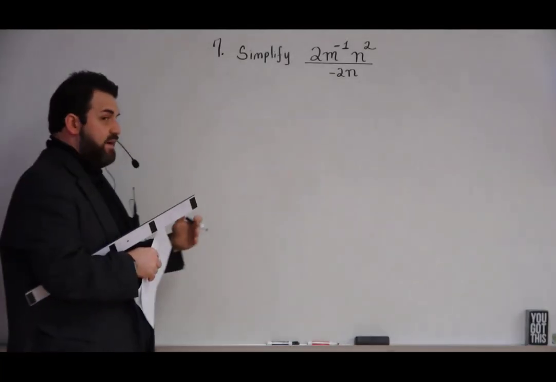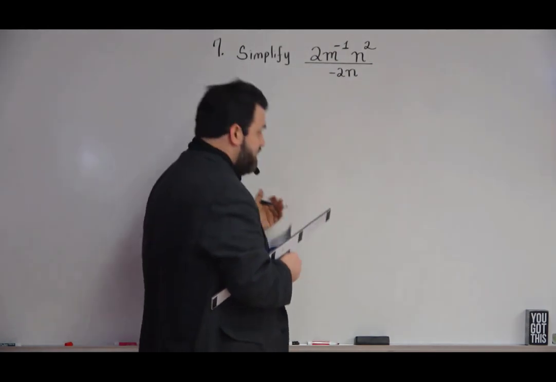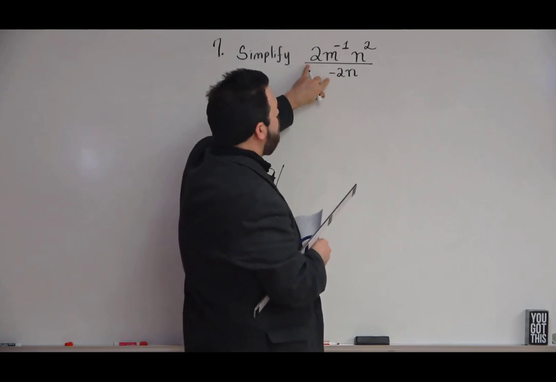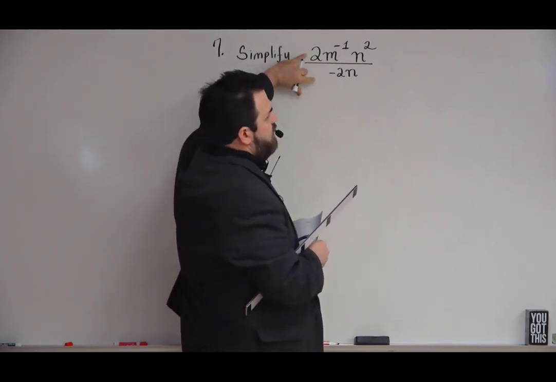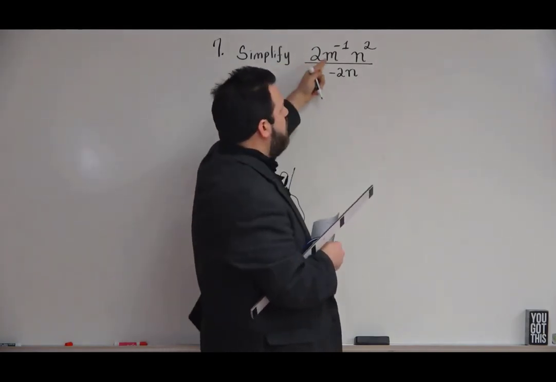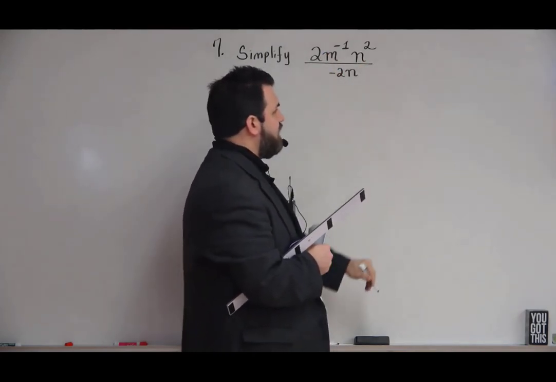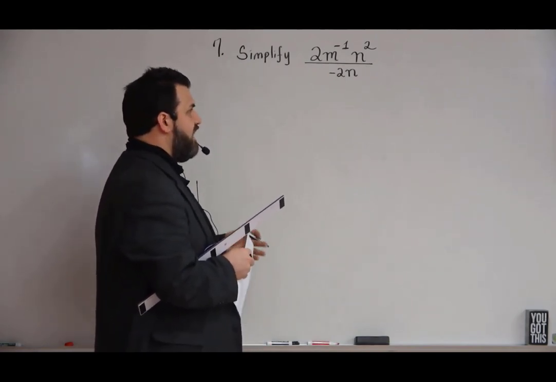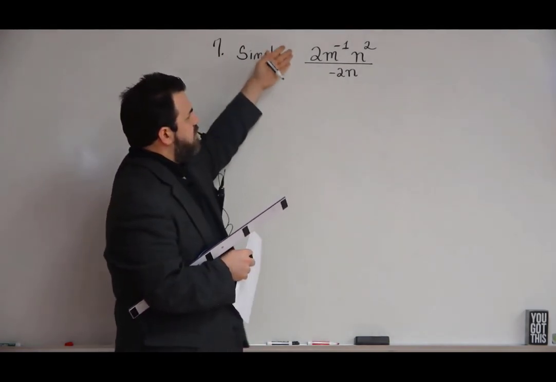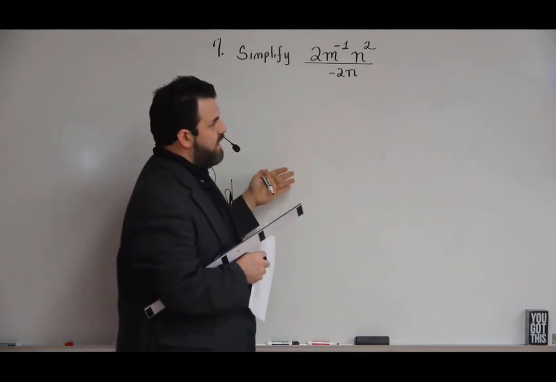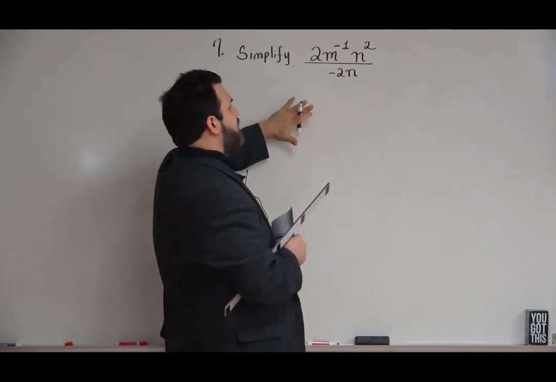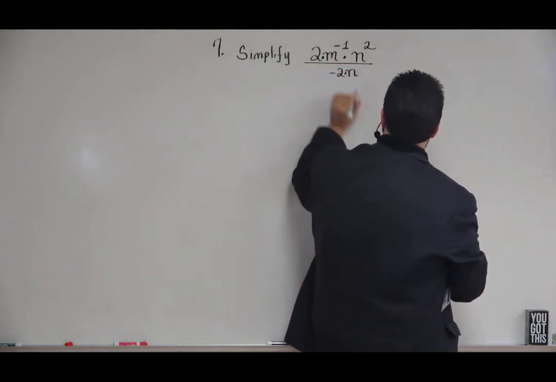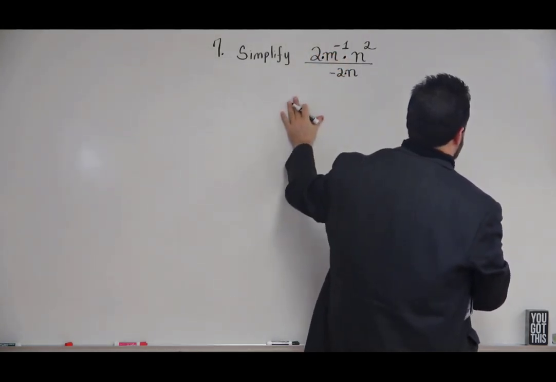Now, my advice is to reorganize the order of these things. Like I want to group the 2's right above one another, and then there's no other m on the bottom. I want to group the n's together. So I don't know if you understand this, but you can break up this multiplication on the top and the bottom however you want. Okay, so watch what I mean by that. This is all being multiplied, right? So I can break this problem up wherever I want.